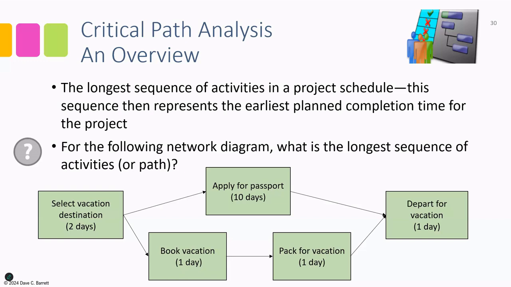So that means the longest sequence is select vacation destination, apply for passport, and depart for vacation. That indicates that that is the critical path, those three activities. And the planned duration is 13 days. That's something that we know through critical path analysis.